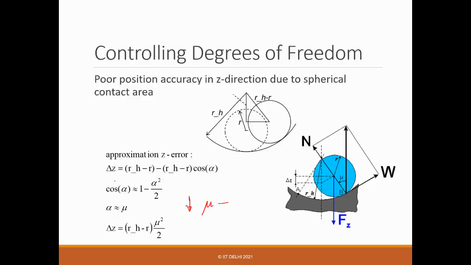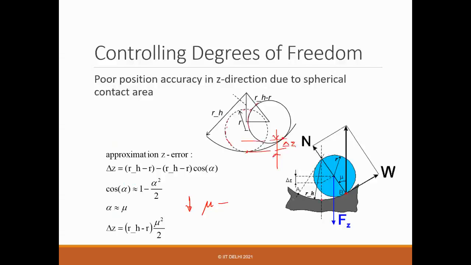So again, it's a derivation. How to get this delta Z? Initially say you are here, and this is the ideal location where you want to be, but then it may get stuck here, right? So try to find this value. It's the same as delta Z. So you try to find RH minus R, right?